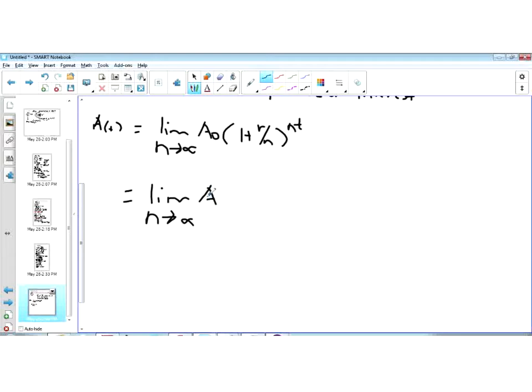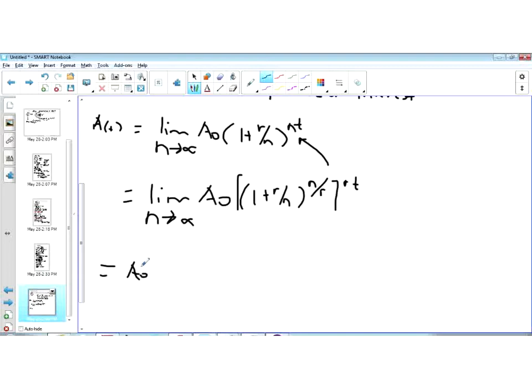The trick is to factor the exponent in this expression as follows, so that we can use a limit law. We raise 1 plus r over n to the n over r power, and then we raise the quantity in brackets to the RT, because we multiply the exponents. If we multiply the exponents, we get that back. By the limit laws, we can bring the limit operator inside the brackets.